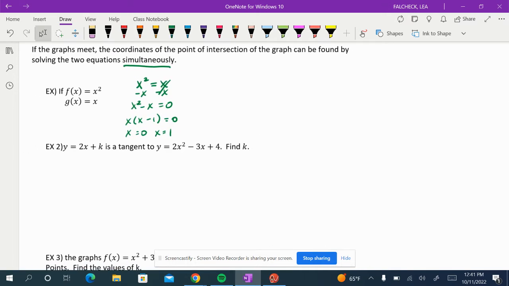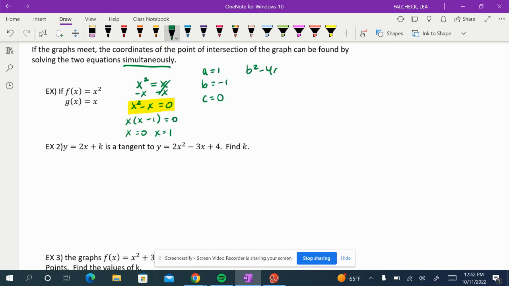However, check it out. You can use the discriminant of this parabola to find out how many times the line will cross the parabola. So a is going to be 1, b is going to be -1, c is going to be 0.